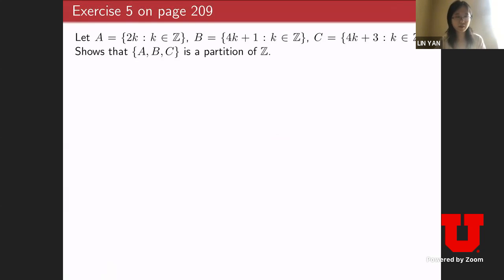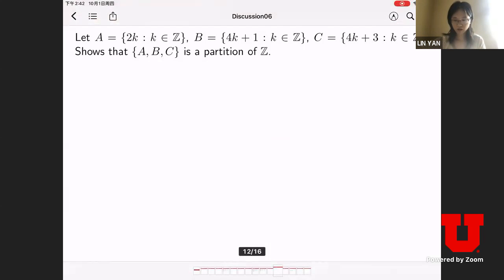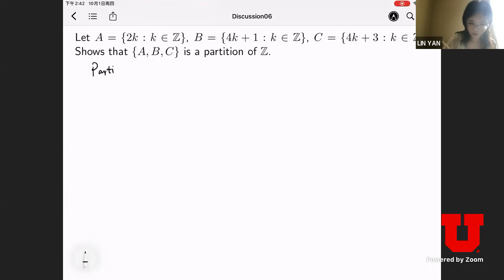Okay, this is the last question, to show that A, B, C is a partition of the integer set. Let's use 2 minutes to think about it, and then we will solve it together. Let's recall how to prove a partition. If you want to prove it is a partition, there are 3 steps. Firstly, you need to prove A, B, C are not empty.